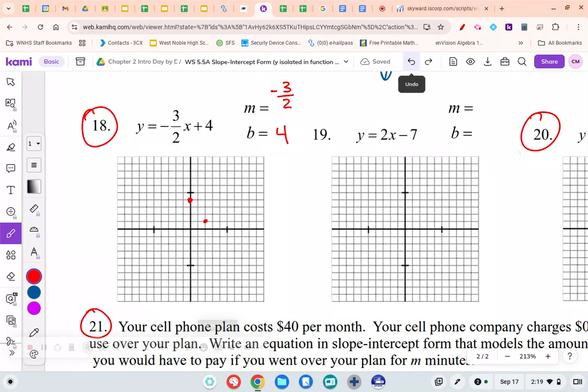So that's why I'm going down 3, but right 2. So down 3, right 2, down 3, right 2. And also, equivalently, this is the same as being 3 over -2. So I can go up 3 and left 2, up 3 and left 2. And then I draw in my line.